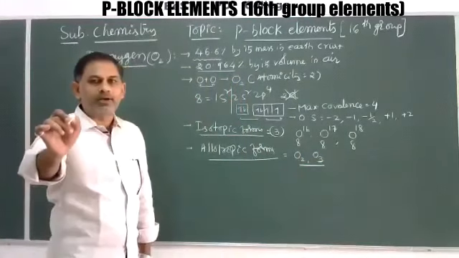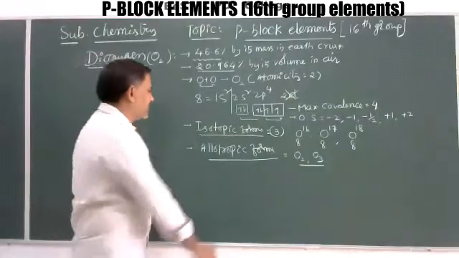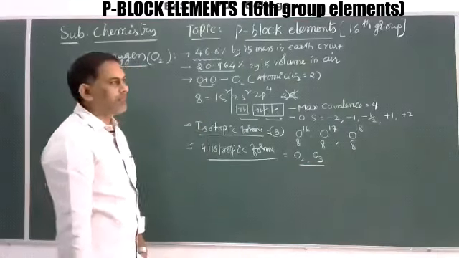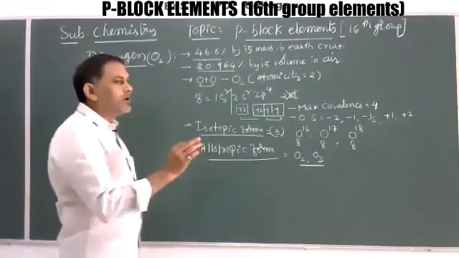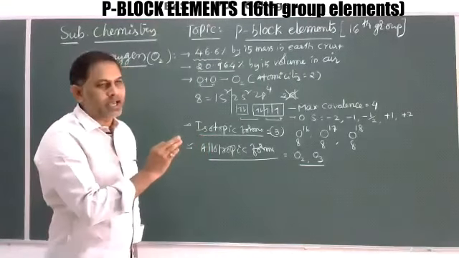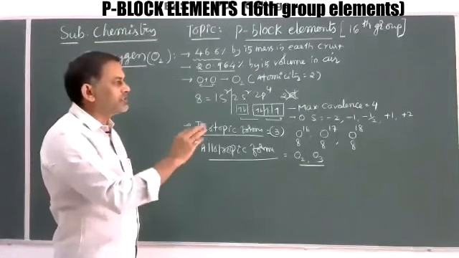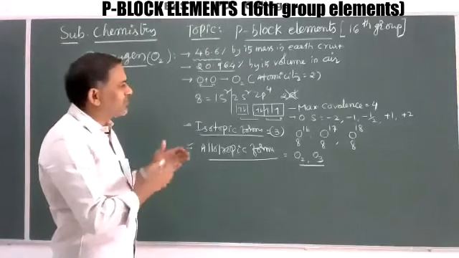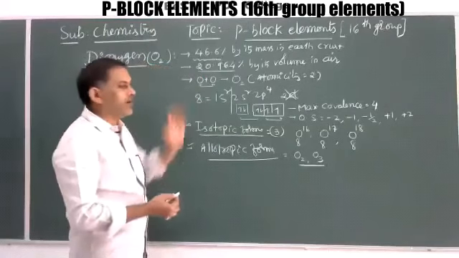When an element exists in two or more different physical forms, those are allotropic forms. Generally, oxygen is an odorless, colorless, harmless gas, present in atmospheric air with no harmful effect. Biologically, its importance is more. Afterwards, we'll explain. These are some important points about dioxygen.